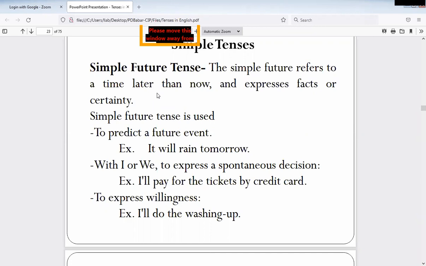Then another use: the simple future tense is used with I or we to express a spontaneous decision.